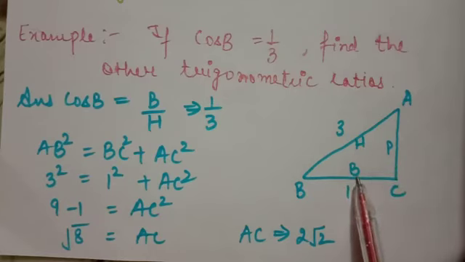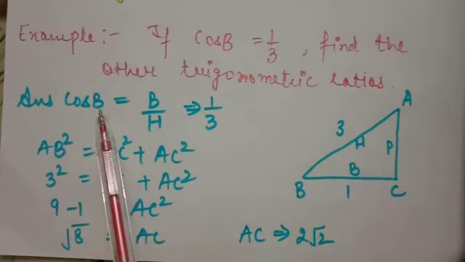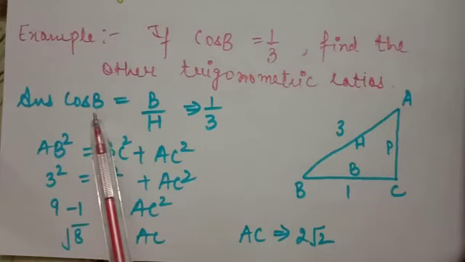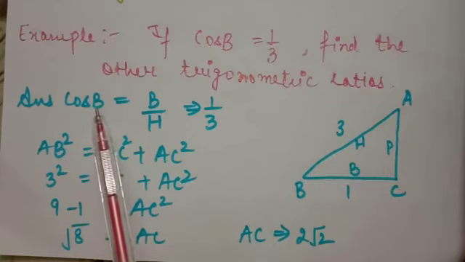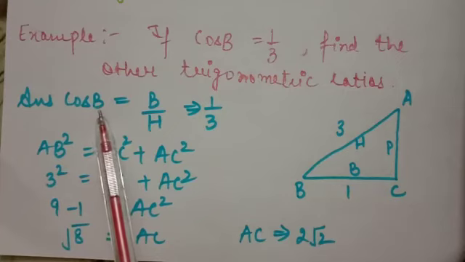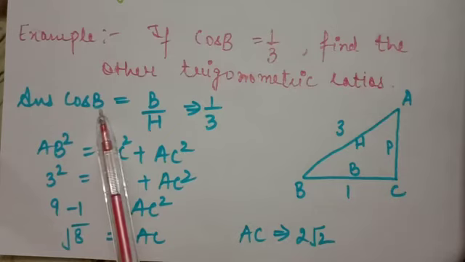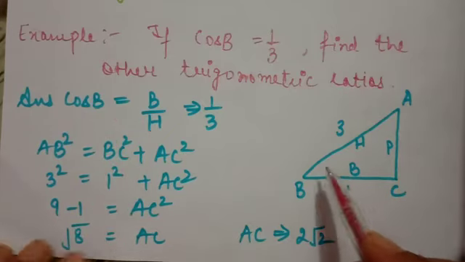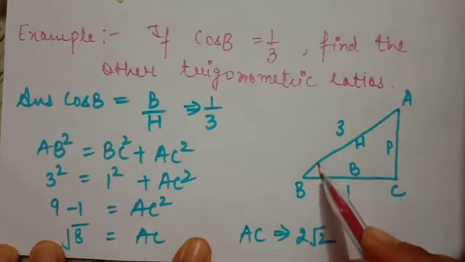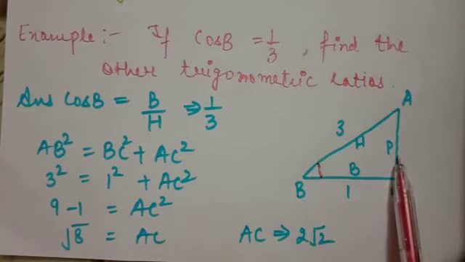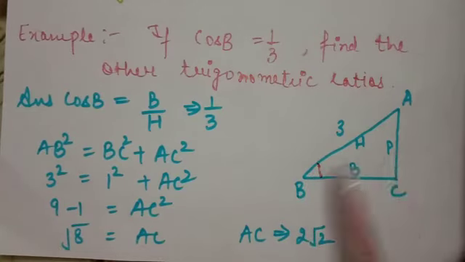Students, tell me one thing, how will we decide this is the base and this is the perpendicular? The reason is we will take the angle name. We have angle B, and whichever angle is given, the front side of the angle is always the perpendicular. So angle B is here, and what is the side present opposite to angle B?